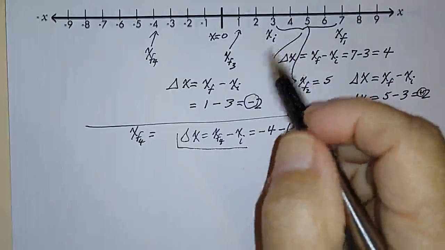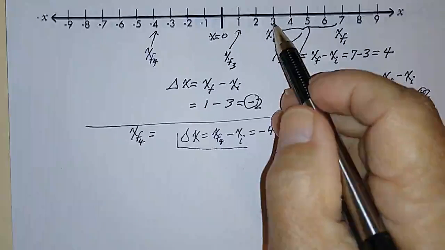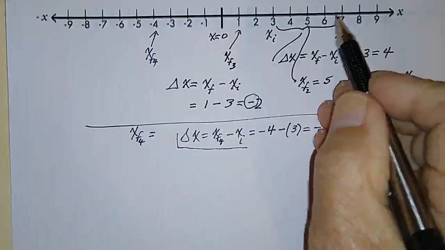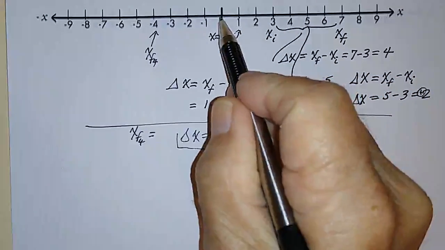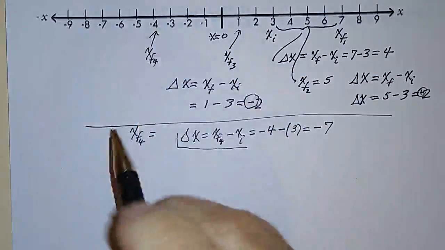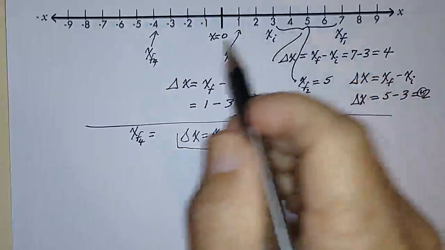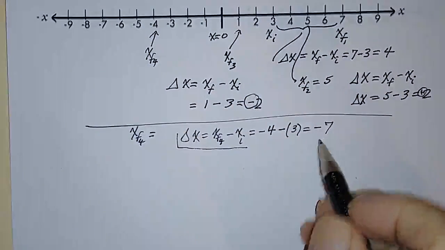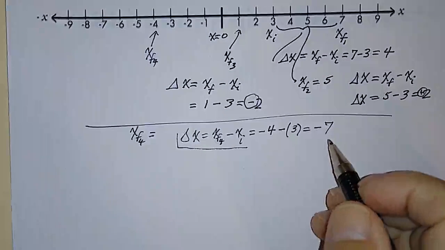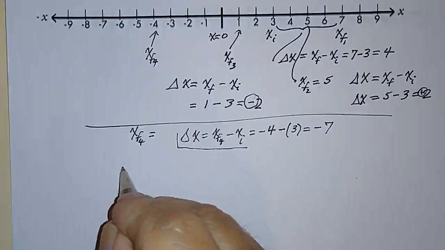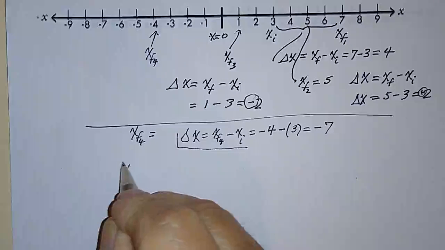For example, in the last case, let's say I started at x equal 3. I went out here to 7, that's 4 units. I came back to here, that's 7 plus 4 more, that's 11 units. So the distance traveled is 11 units, but the displacement is only minus 7. And it's very important to keep that in mind because we're going to define what's called the average velocity.